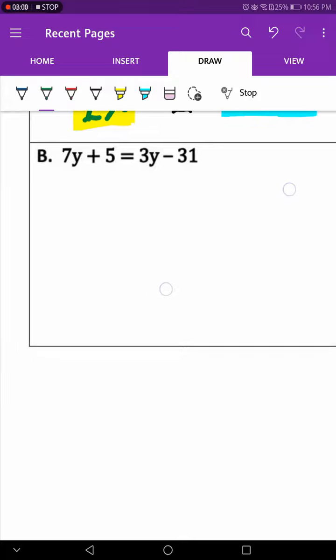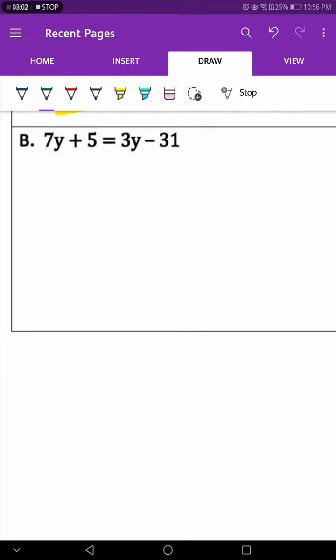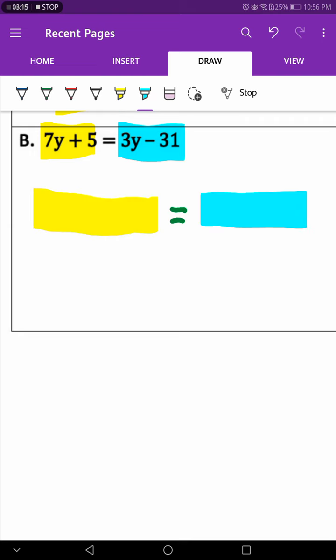I will move to B here, and I will be faster. So here it is the left side and the right side. As usual, I draw the equal sign and determine the left and the right side. I remember to collect all the y's, or the variables, on the left side.